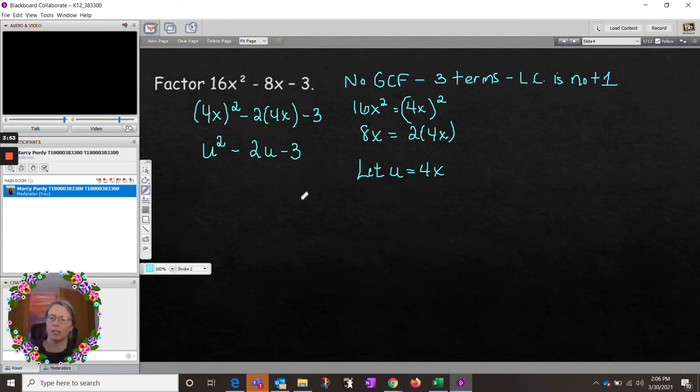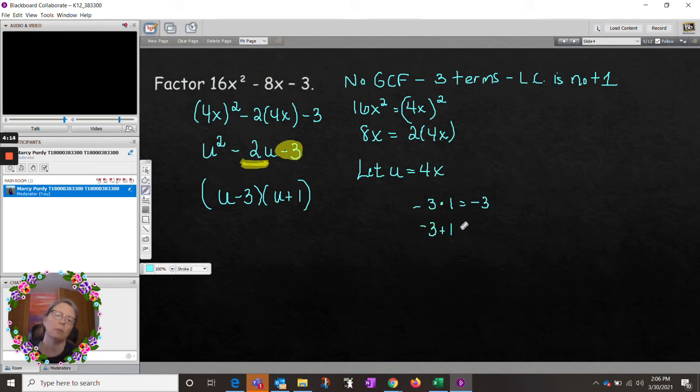Then that's a little bit easier for us to factor because what we're looking for are factor pairs of -3 that add to give us a -2. So that would be a u minus 3 and a u plus 1. Because -3 times 1 is -3, and -3 plus 1 is -2.